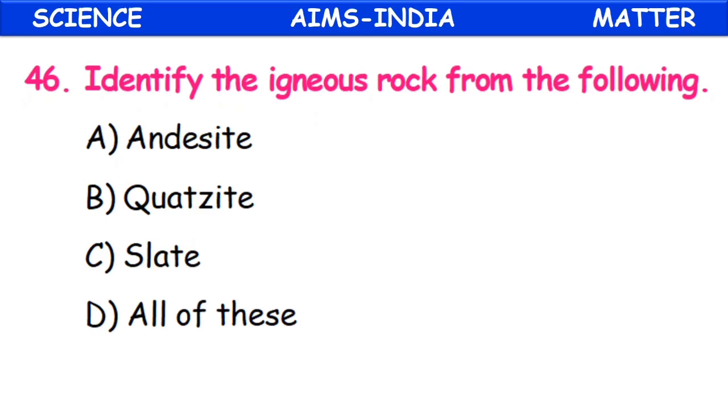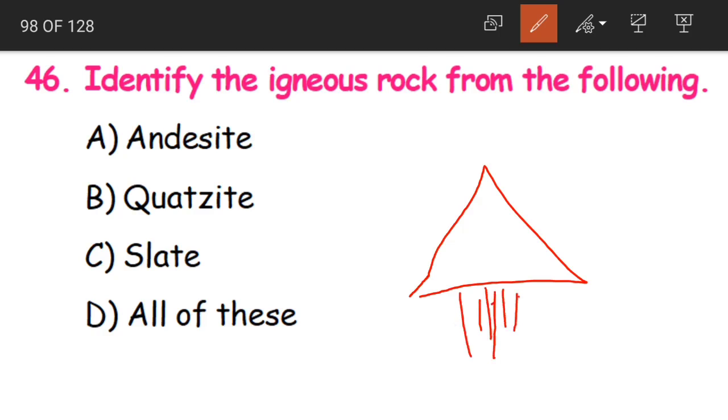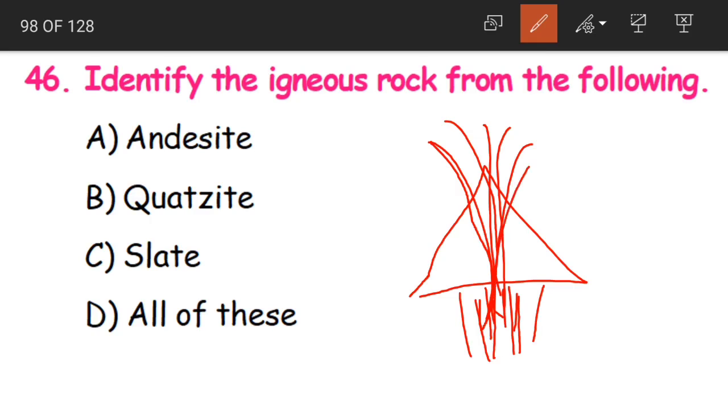Identify the igneous rock from the following. Okay. What is igneous rock? Suppose you have heard about lava. No. What happens? Like lava which is inside the earth, that lava which is coming from the layers of the earth, the hot liquid which we call lava, after cooling down, okay, it is going to take a solid shape.